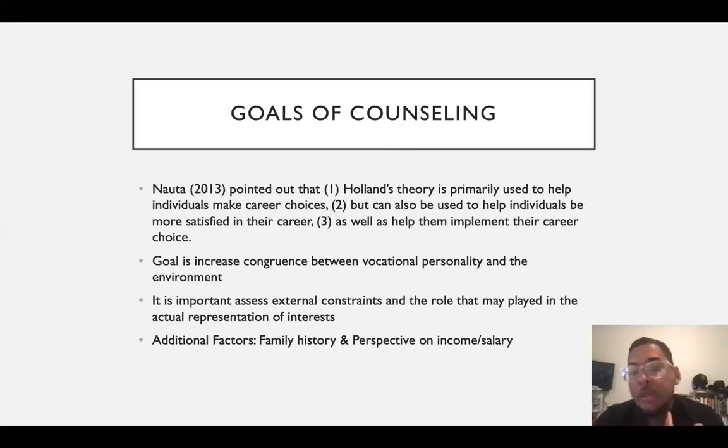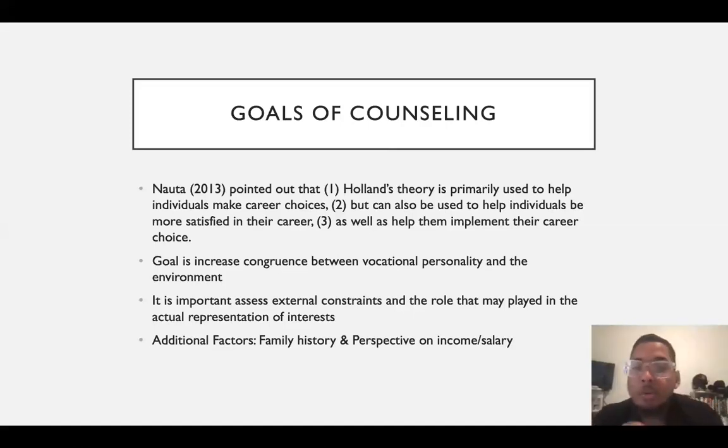So that's ideal for you and that's ideal for everybody, the employer included. And third, Naruto said that Holland's theory can also be helpful in implementing career choices. Once you've identified those basics, you can start to identify probably internships or job shadowing or job fairs or things like that, to put you on that path to find your career.